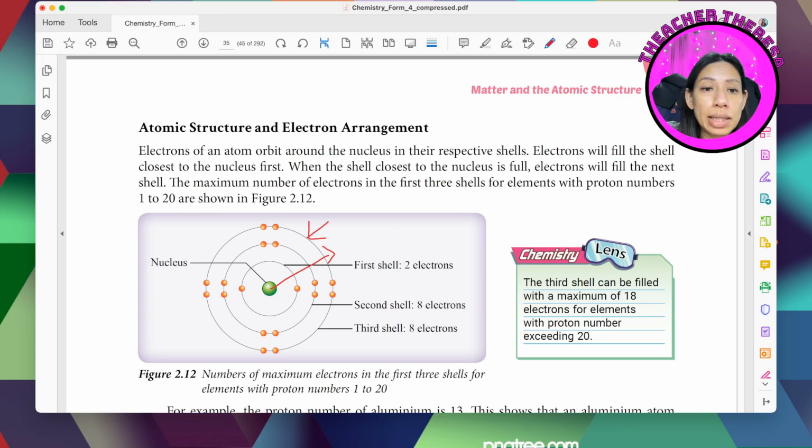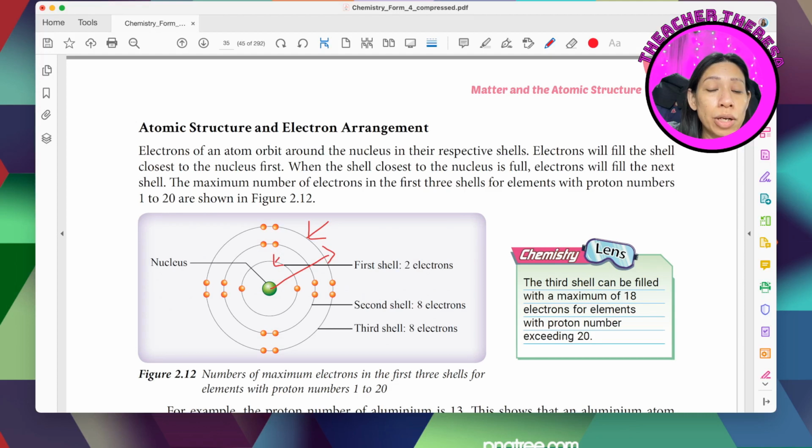So if an atom initially has only 1 electron in the first shell, 1 electron hasn't reached the maximum number for that shell. The maximum electron is 2, but if it has only 1 electron, it hasn't reached the maximum. So it is not stable.